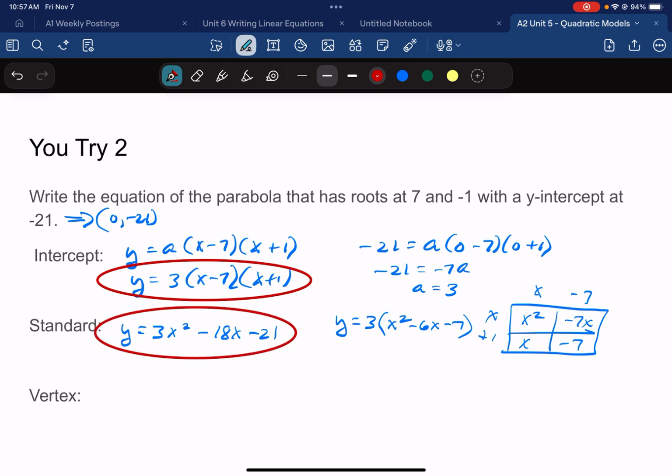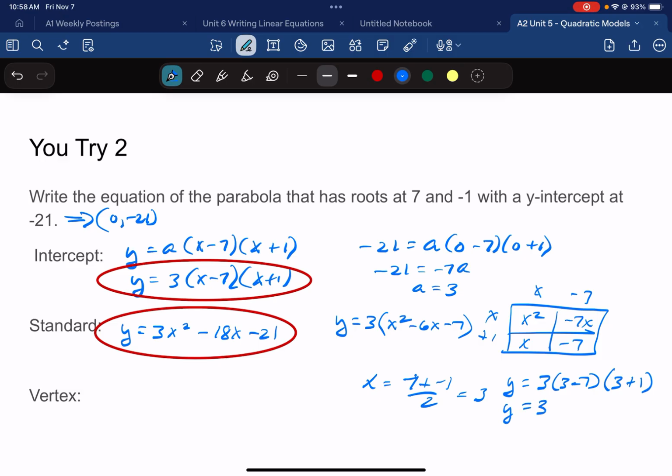And then let's see if we can get our vertex. What's halfway between 7 and negative 1? So the x-coordinate of our vertex, x is (7 plus negative 1) over 2, or 3. And then the y value would be, let's plug that back in here, 3 times (3 minus 7) times (3 plus 1). I'm just choosing intercept form and plugging 3 in.